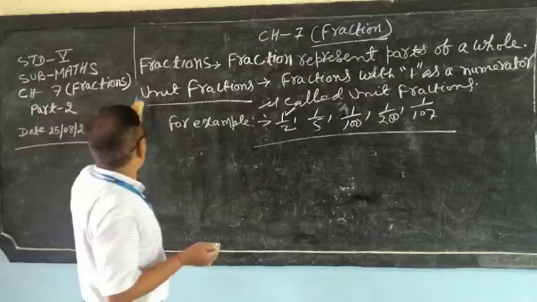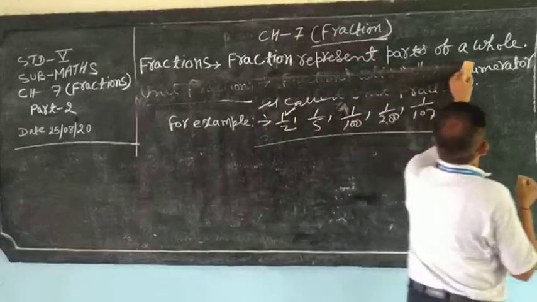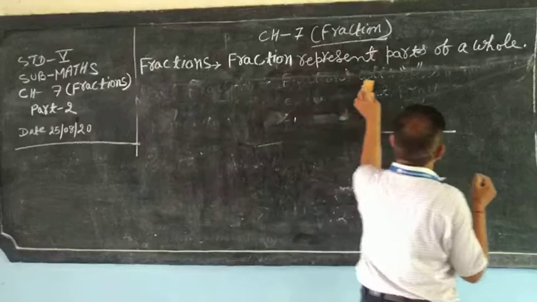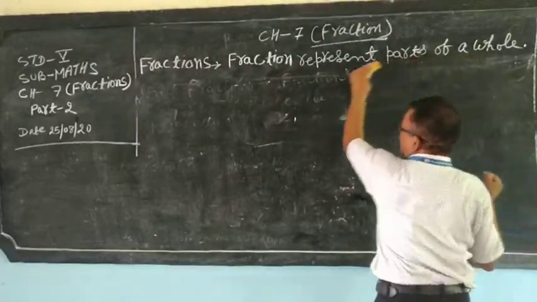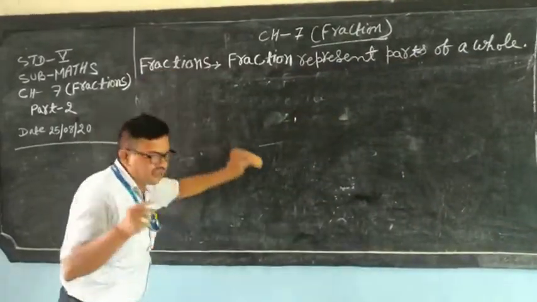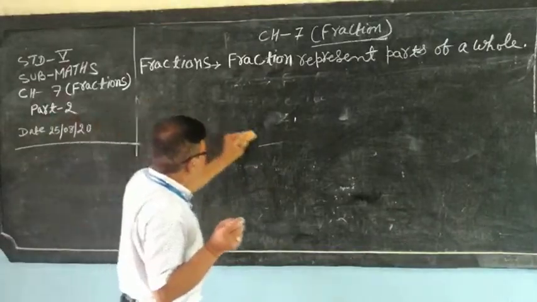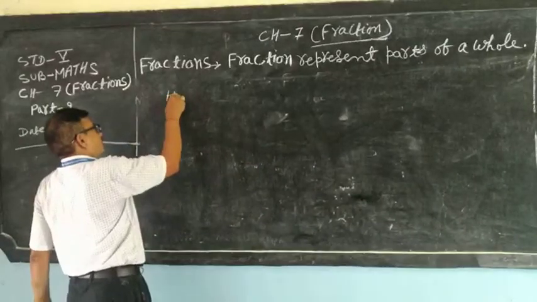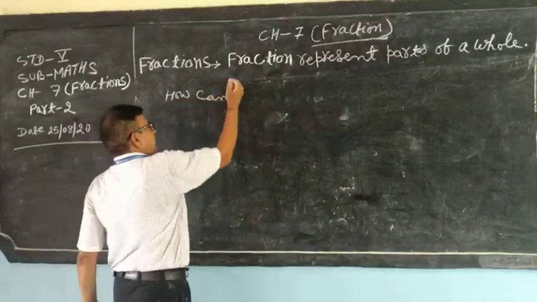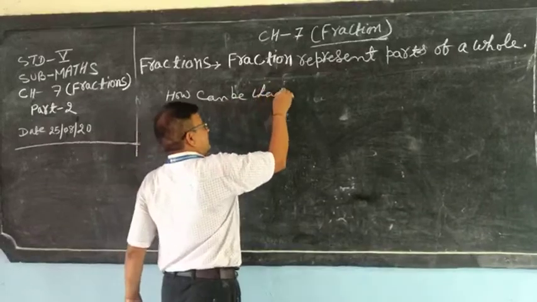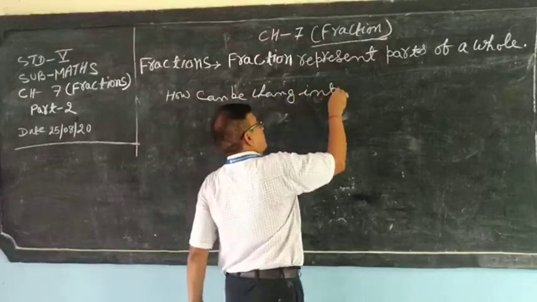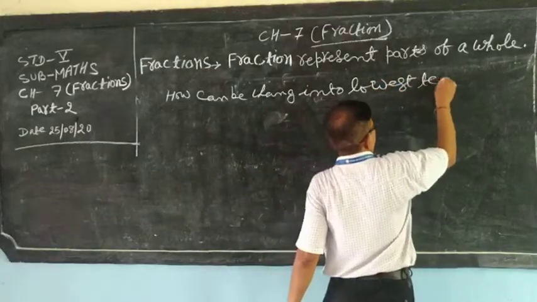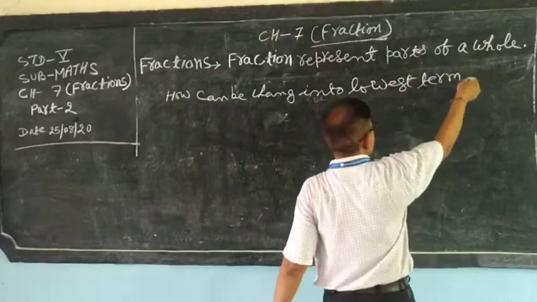Understood now? Now my dear student, how can you reduce a fraction, how can you change it into lowest terms? Please listen. A fraction is given, and how can it be changed into the lowest term or lowest fraction?